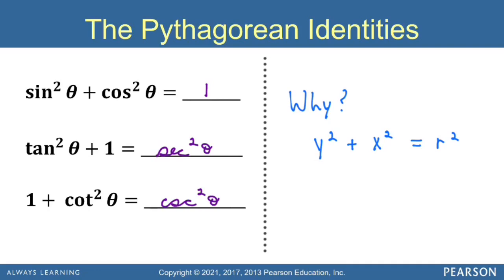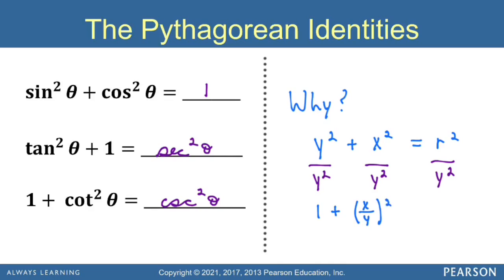And let's just go ahead and get the third one. So we've already divided through by r squared to get the first identity, x squared to get the second identity, and now let's divide through by y squared to get the third identity. So if we divide each term by y squared, then y squared divided by itself is 1. X squared divided by y squared can be written as x over y all squared.